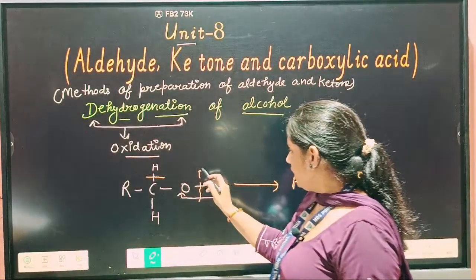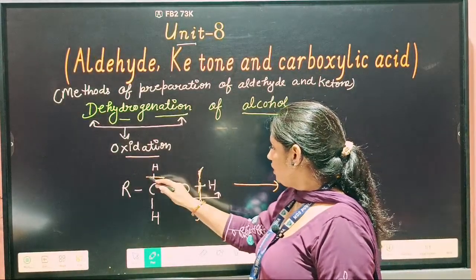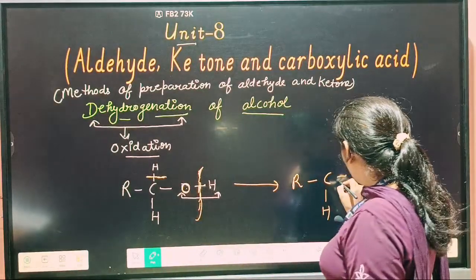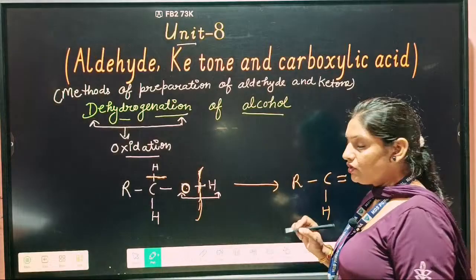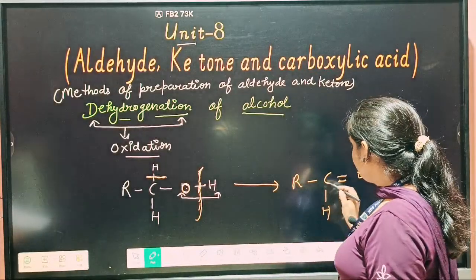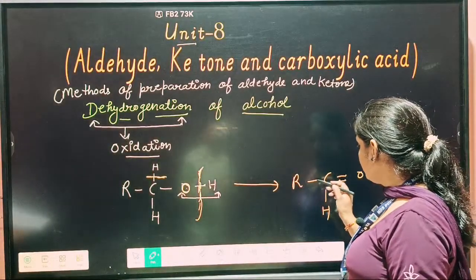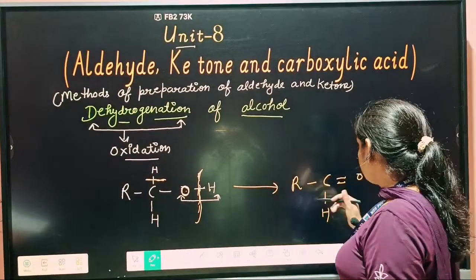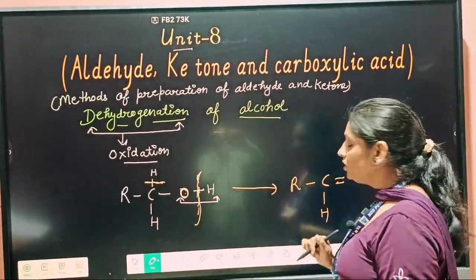But students, here we are removing two hydrogens. So oxygen, because it is bivalent, will form two bonds with this carbon. Now you can see carbon is tetracovalent, so here 1, 2, 3, 4, four bonds it is forming, and oxygen is forming two bonds.